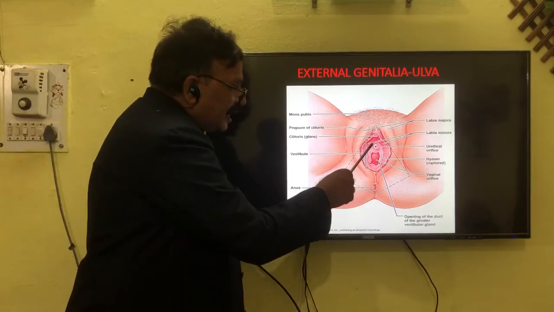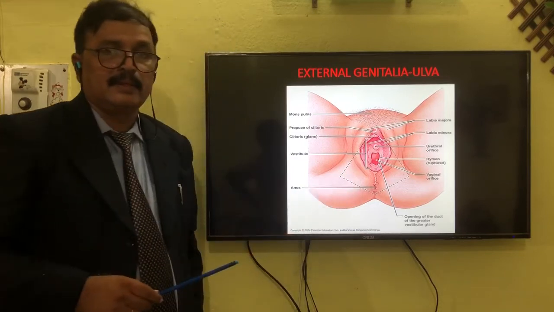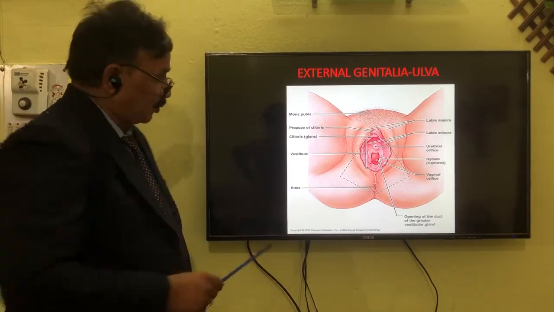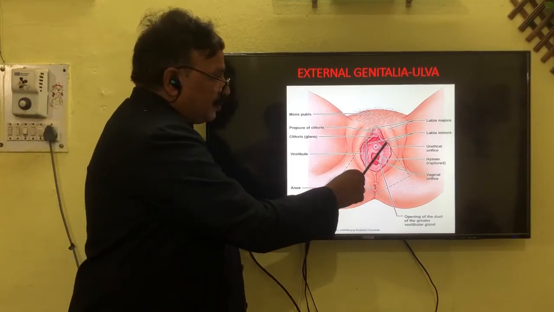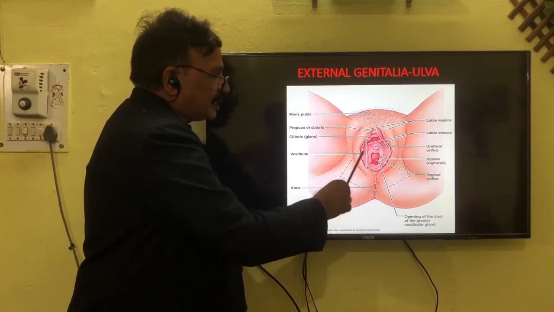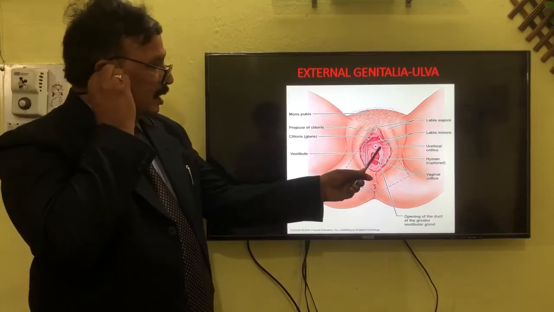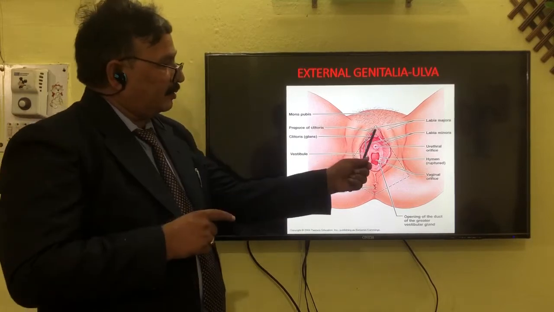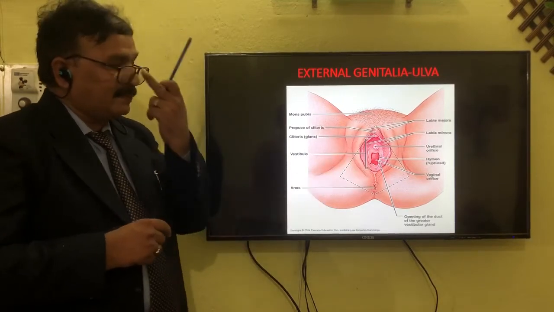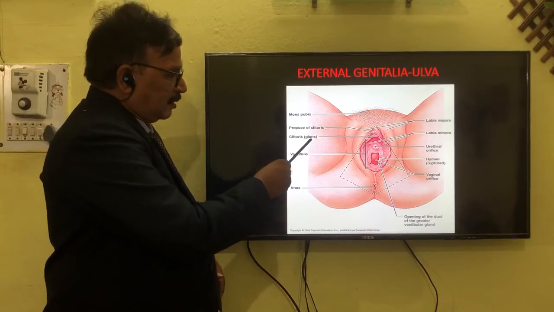And this area where the vagina and urethra open is called the vestibule. Now that vestibule is guarded by the thin skin fold called labia minora. At the place where the two labia minora join, there is a muscular organ called the clitoris, also known as glans.